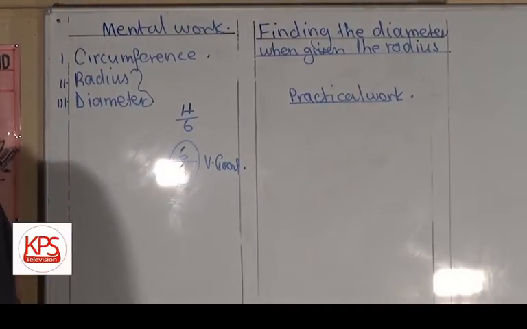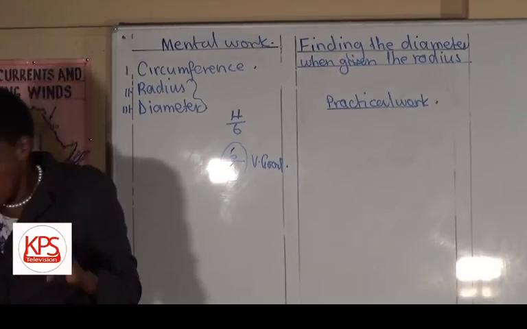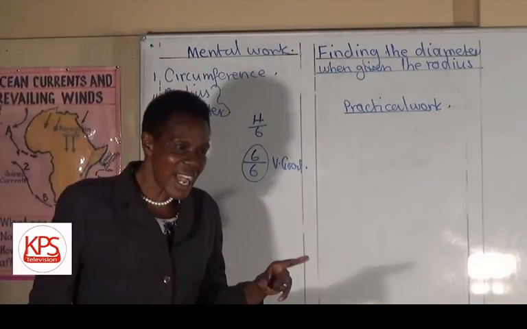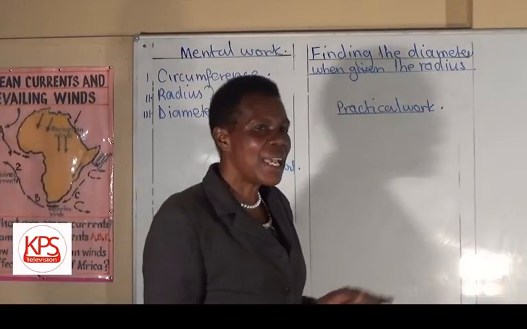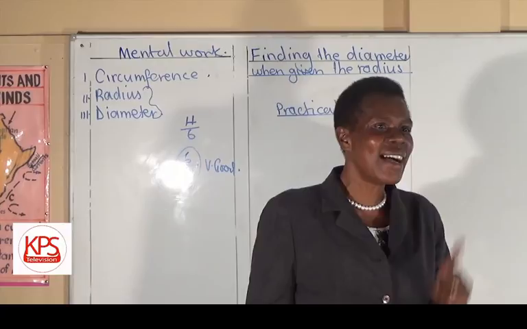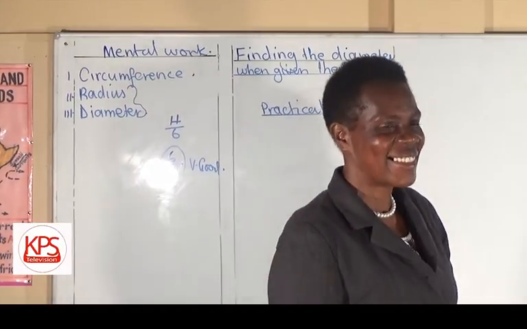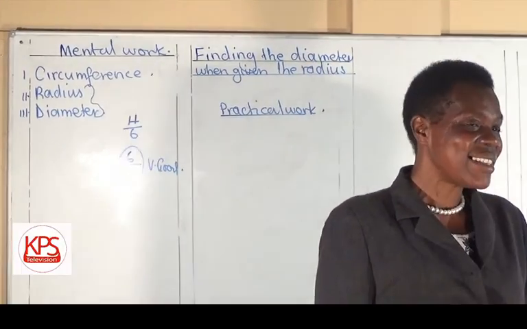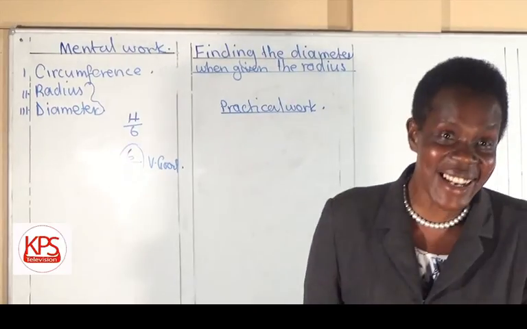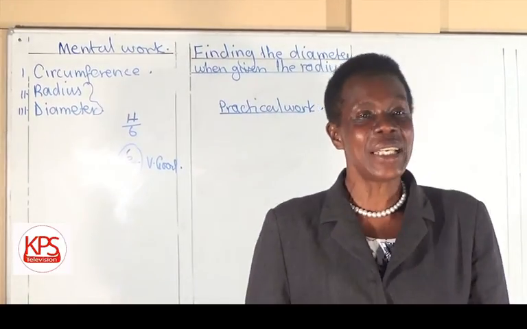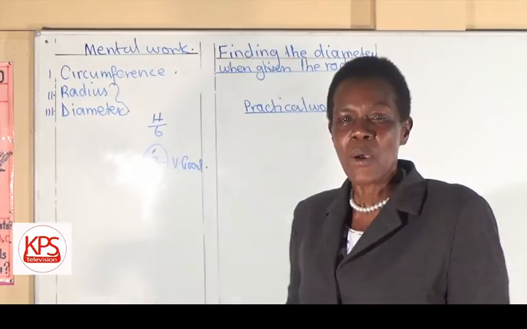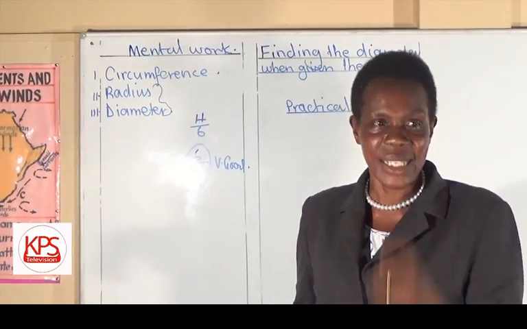Our practical work is going to be drawing a circle and then measuring the diameter. Draw it using the given radius, and then to find the diameter, we are going to measure it directly.